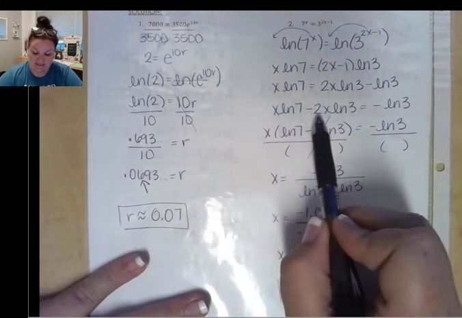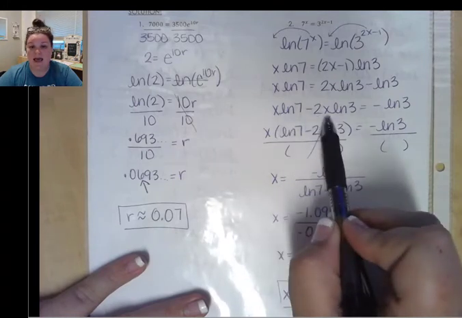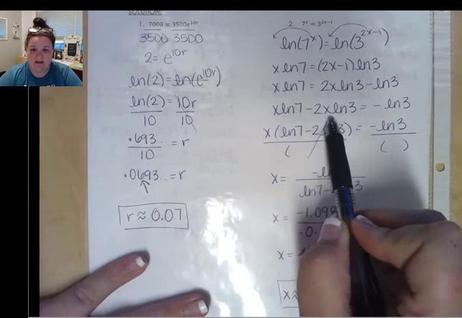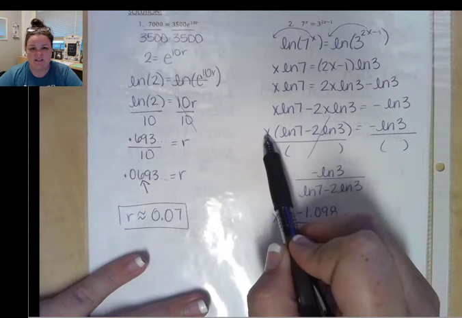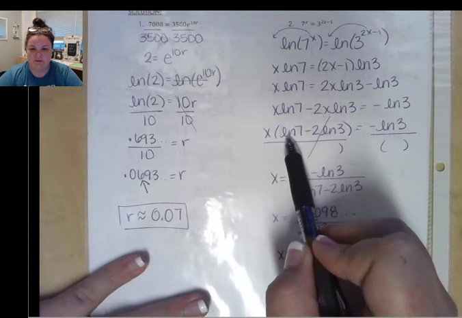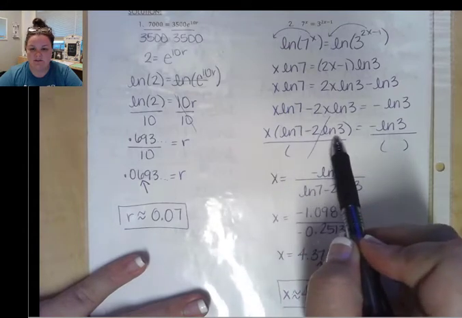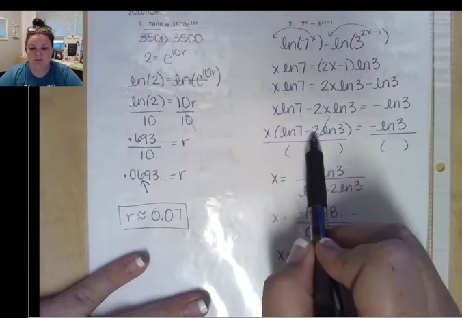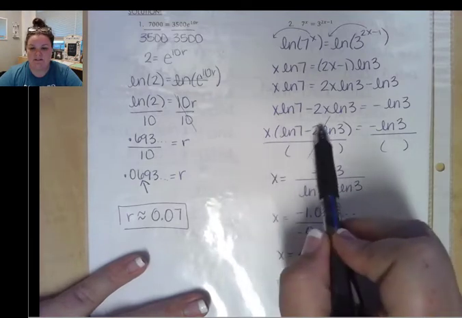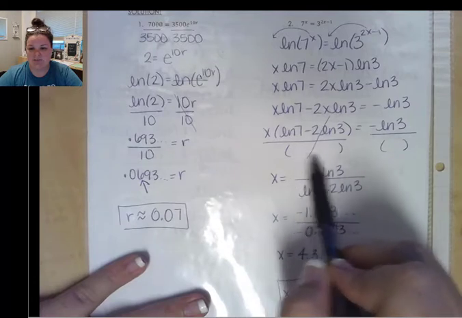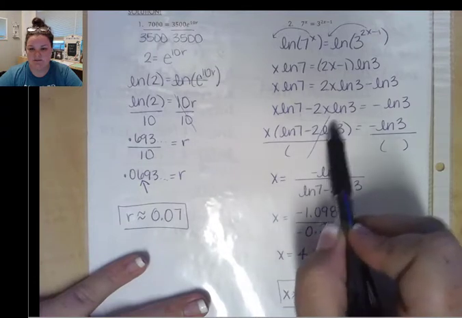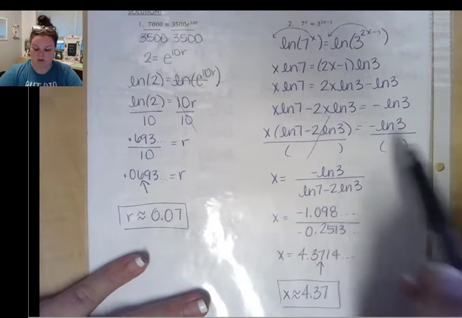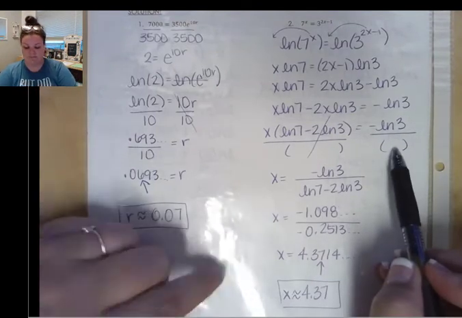And now to get the x out of these terms, I just factored it out like a greatest common factor, which leaves me with ln 7 minus 2 ln 3. So basically this is saying I have x times some number. If I want to get x by itself, I have to divide off this number. I didn't actually write it in, I just showed it with parentheses, because I didn't have much room over here.